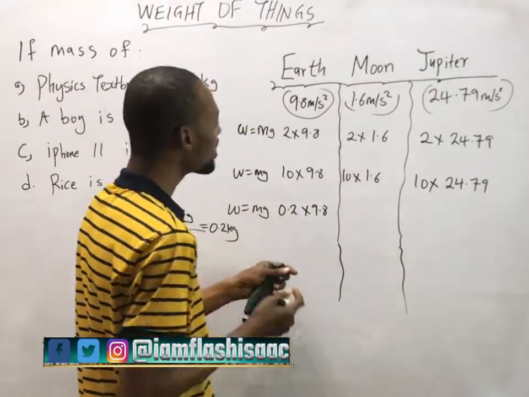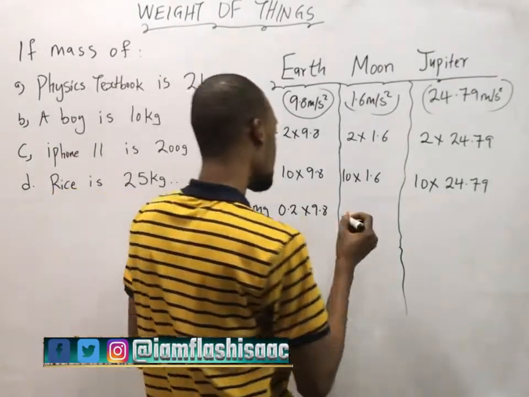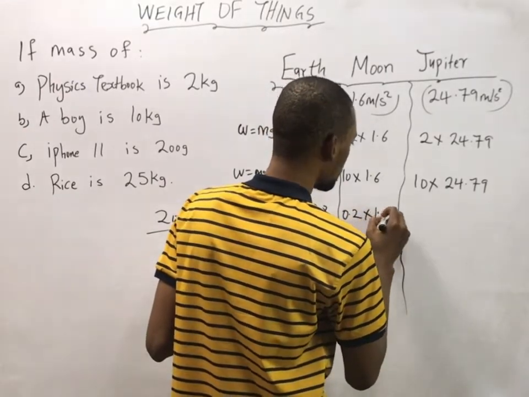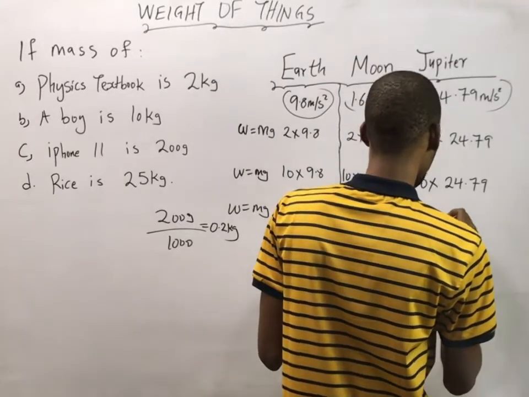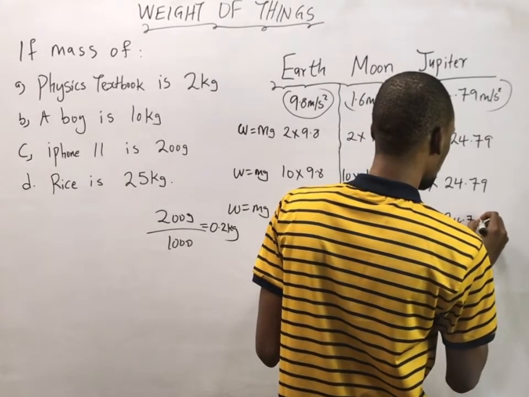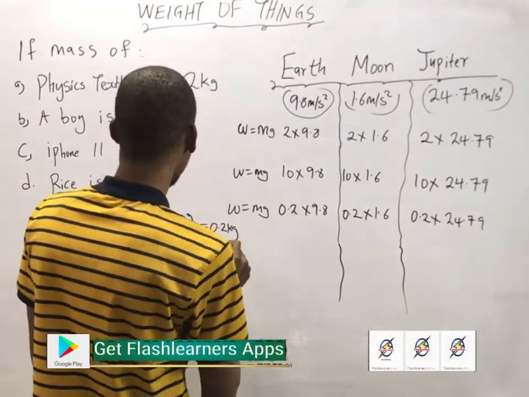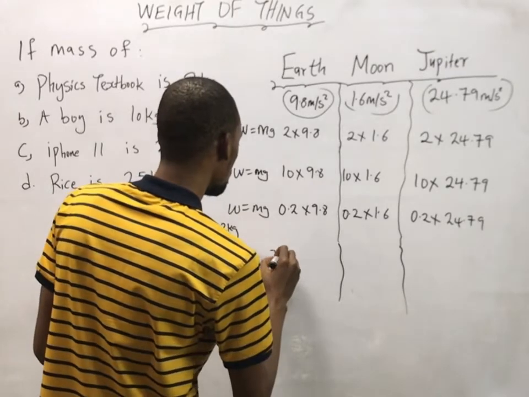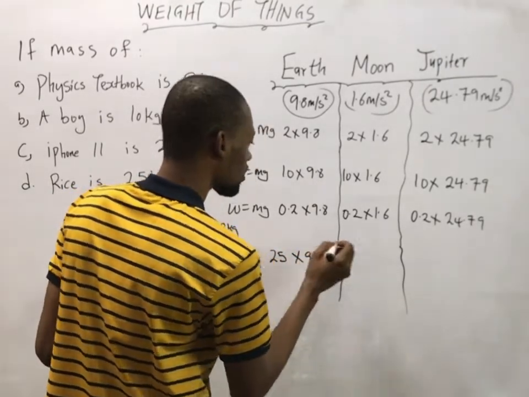You can also approximate acceleration due to gravity to 10 meters per second squared on Earth. On the Moon, it will be 0.2 times 1.6. On Jupiter, it will be 0.2 times 24.79. And lastly, for the 25 kg of rice, on Earth it will be 25 kg times 9.8.